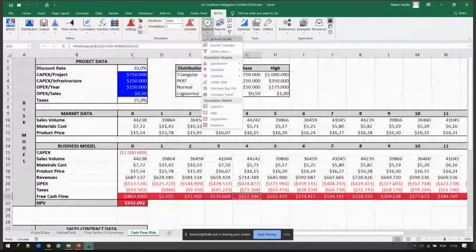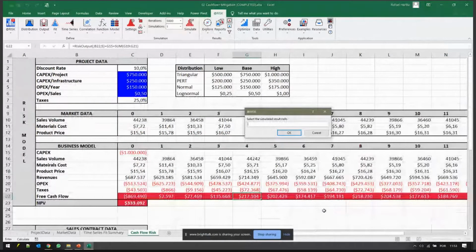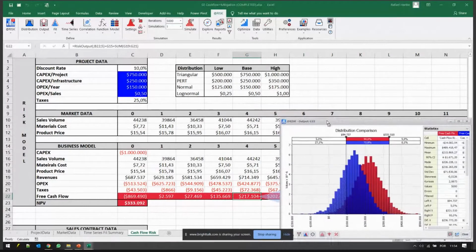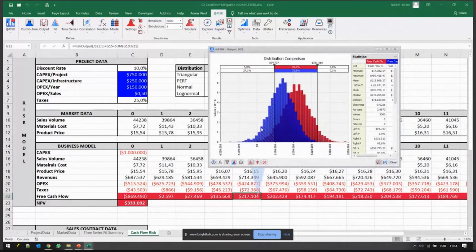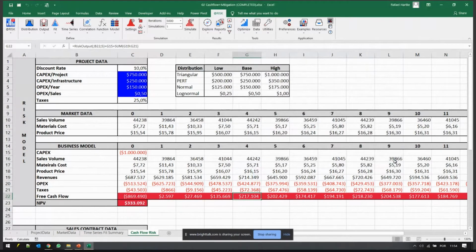Year number 4 with, let's say, year number 3, and see how it changes over time. So how is my cash flow changing over time? How likely is it that on a given month I'll have a negative cash flow? You can start exploring all the outputs of your model and understanding where risk is coming from.